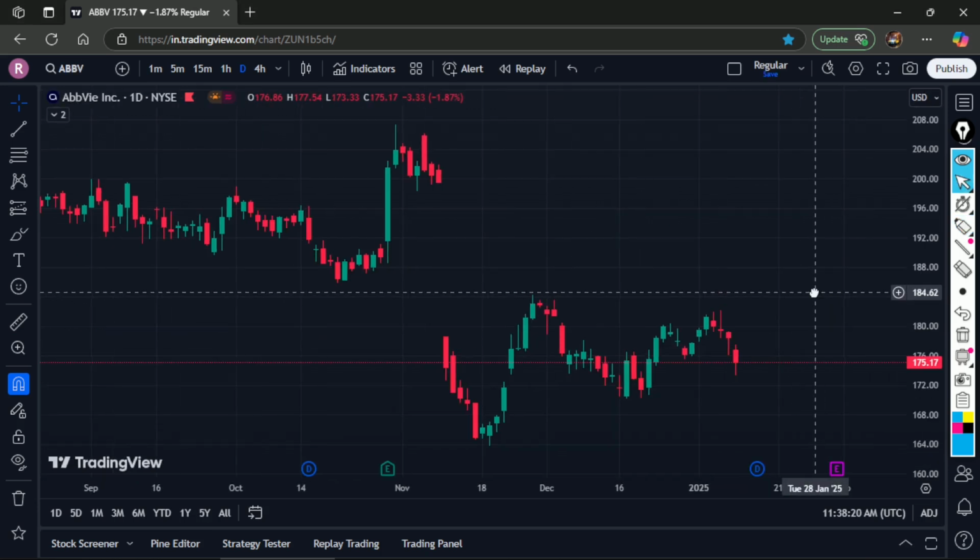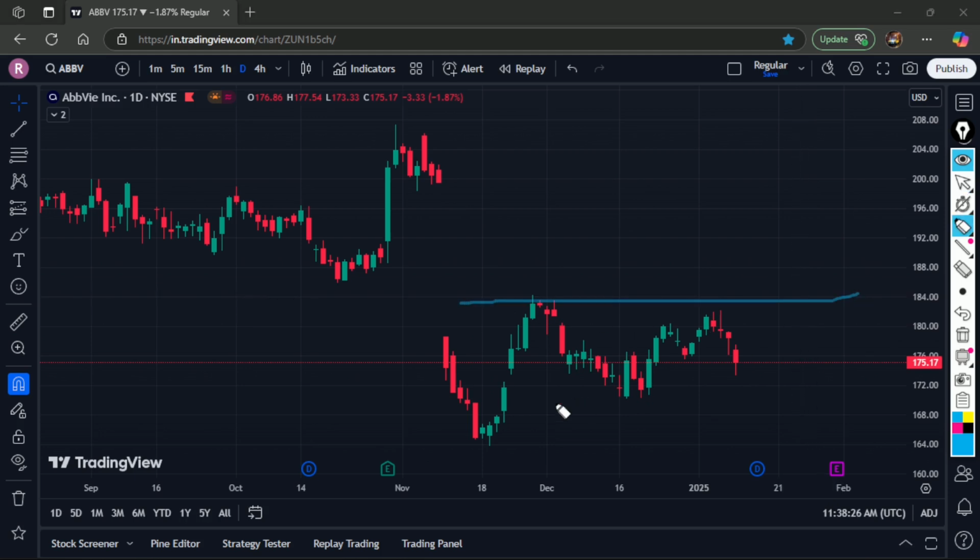Next in ABBB, as we were expecting, it is in an ascending triangle kind of scenario. So this is the best spot for it to go upside or to make a bullish side candle.